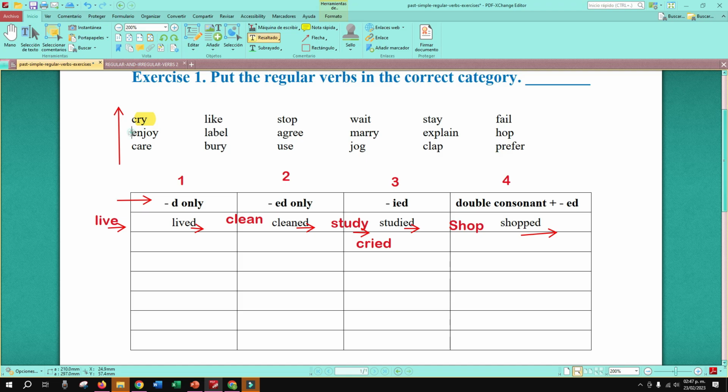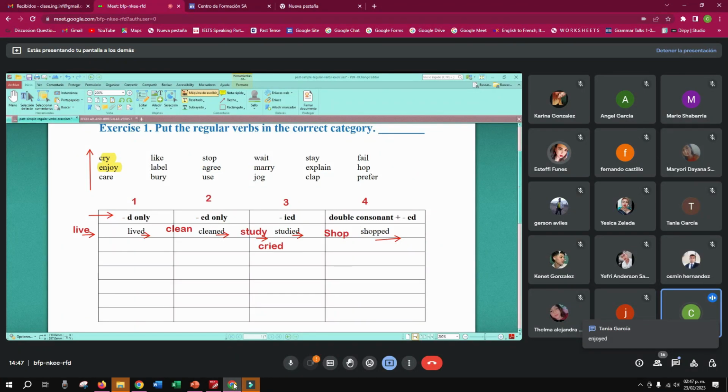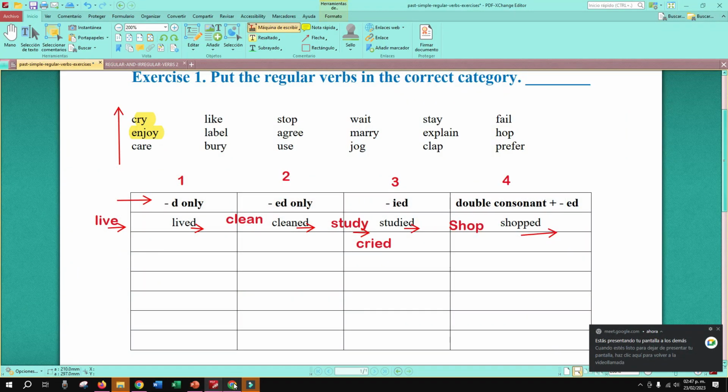Let's see, enjoy. Enjoyed. 1, 2, 3, or 4? 2. Which one, right? Enjoyed. What do you think? Enjoyed. Yes, Miss Tanya. That is enjoyed. So, the number 2.